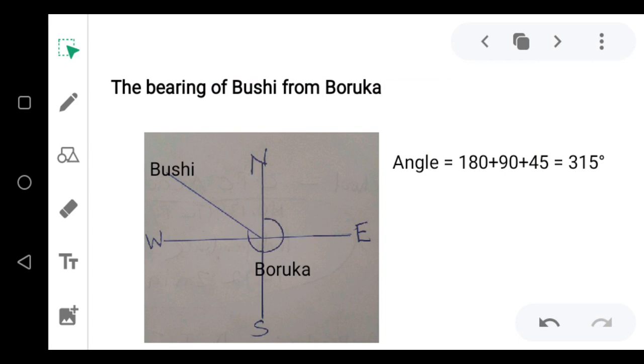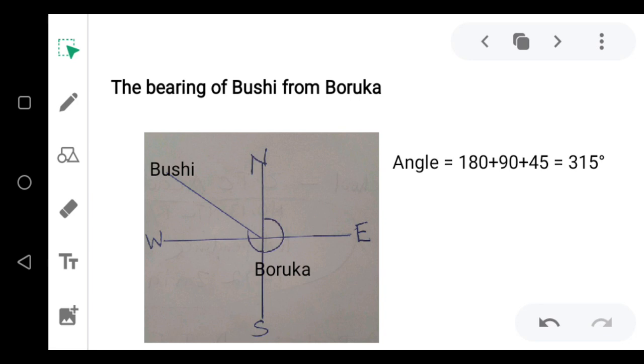You have to measure the angle between those 2 places. So as you can see, Bushi from Boruka, you get your compass, align it, and find the angle. Can you see the angle? It has to start from the north. Then you move clockwise until you get to the line that gives the direction of Bushi from Boruka.